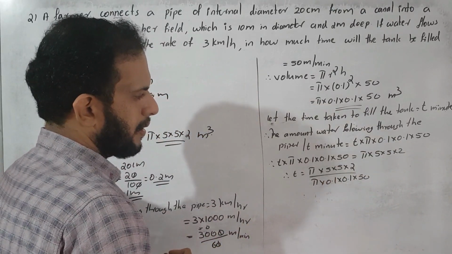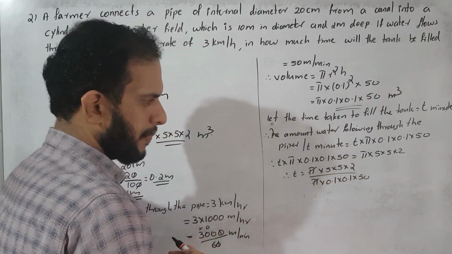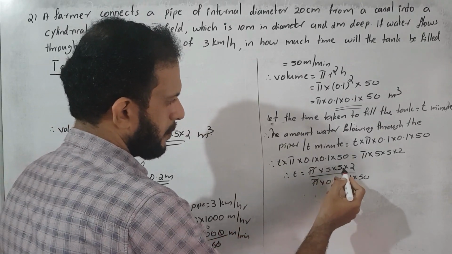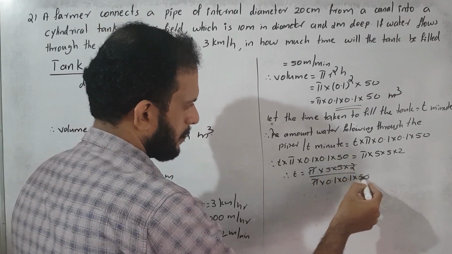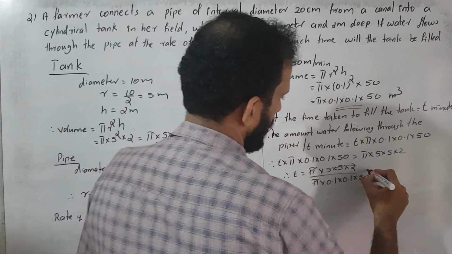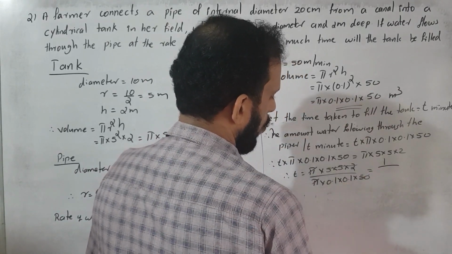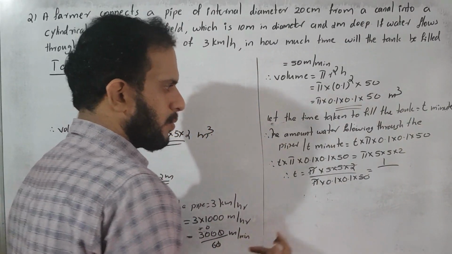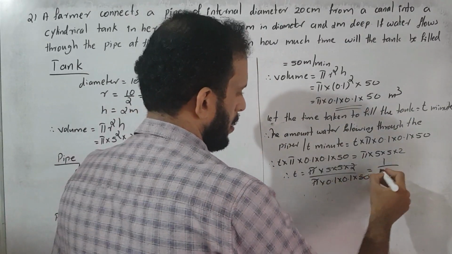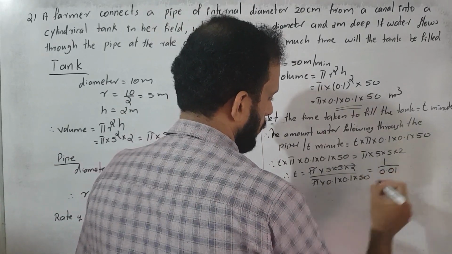Okay, then it is possible to cancel pi and pi. Then 25 into 2 is 50, then it is possible to cancel 50. Then what we get now is equal to 1 by, yes, 0.1 into 0.1. Then 0.1 into 0.1 into 1 is 1. Then we need to put the decimal point after 2 digits, then 0.01.